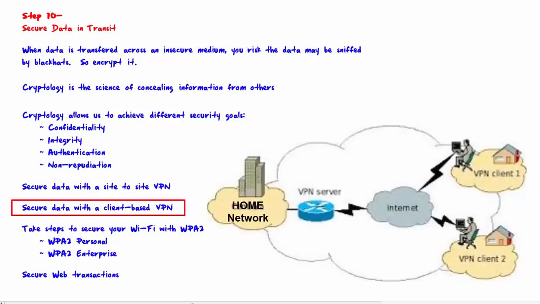The VPN allows all data between the laptop and the remote network to be tunneled and therefore encrypted. So you really don't care if the local connection is secure or not, because even if the data could be sniffed by a black hat, they would not be able to decipher the encrypted data and thus would not be able to read it.